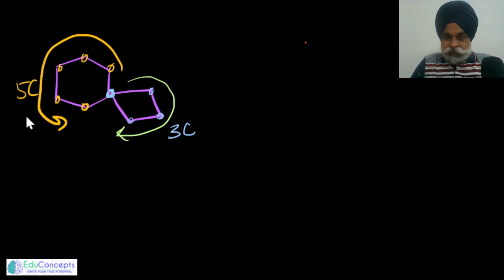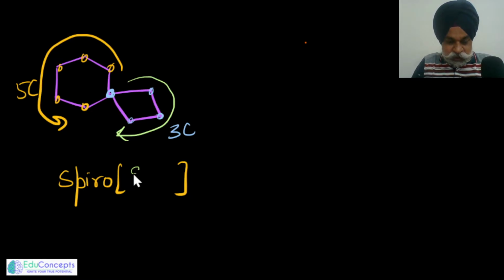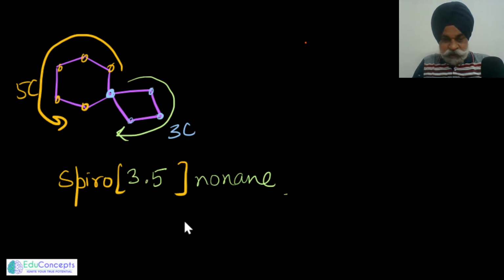So here I have 5 carbon atoms. So the naming is very easy. Spiro, square brackets, and you have to write the lengths of the carbon chains in ascending order. So here it is 3.5. So 3 and 5 is 8, and 1 is the bridgehead. So it is nonane. Very simple, not a very difficult one.